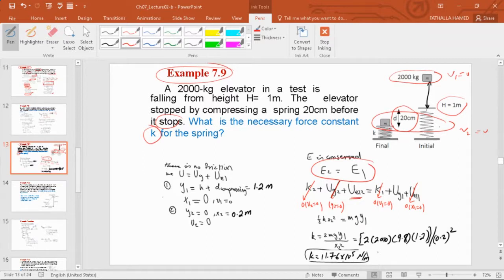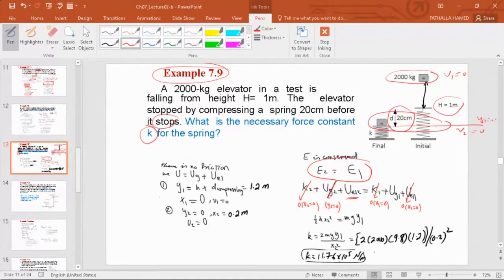Now you can choose your y2 here as equal to 0. So your gravitational potential energy goes to 0, which means that y1 will equal the difference, which is 1 meter, plus the compression, which is 0.2. So y1 will equal 1.2 meters.